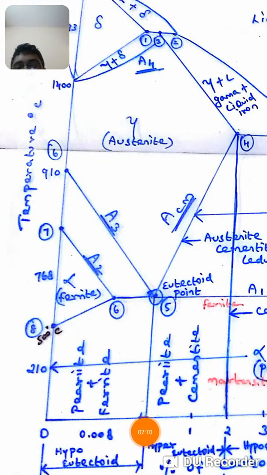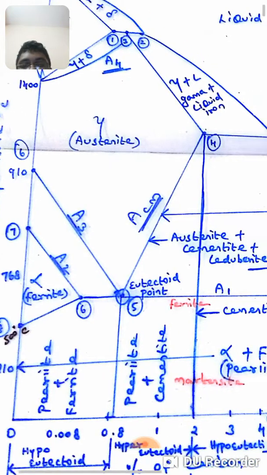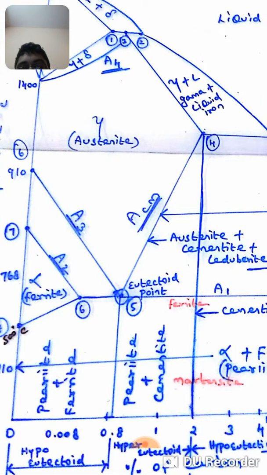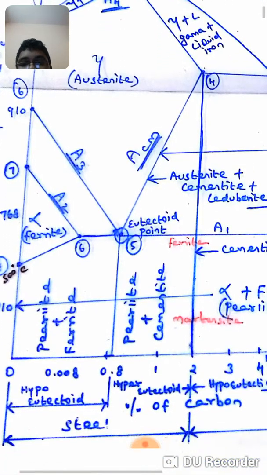Pearlite and ferrite combined, and austenite, which does not exist at room temperature, whereas alpha ferrite exists at room temperature. And if we add more carbon, then we observe the pearlite plus cementite structure.